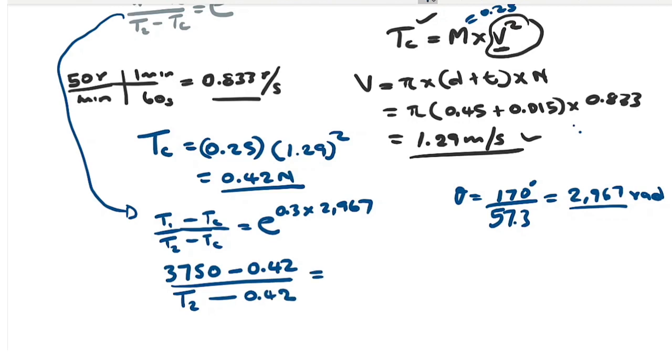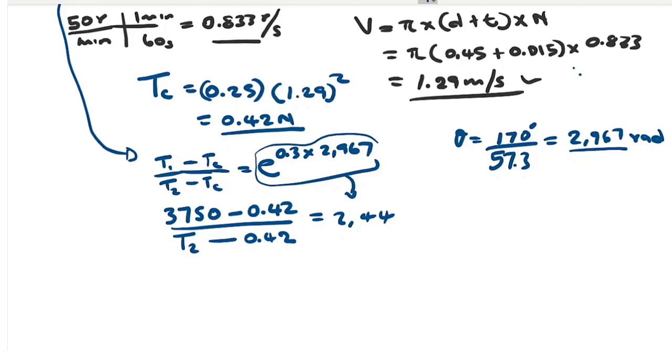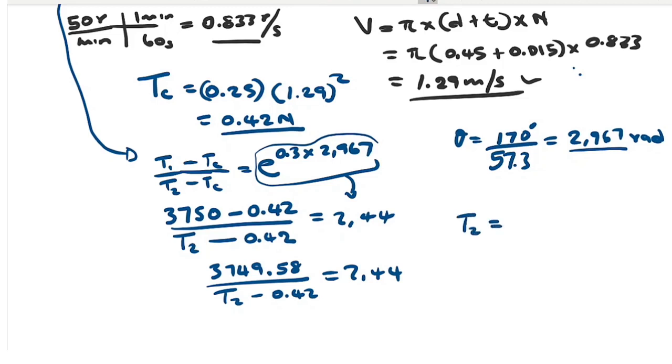Then this whole term gives us 2.44. 3,750 minus this 0.42 gives the 3,000, this T2. So T2 here, we finally find it to be 1536.29 newtons. That's the tension on the slack side.